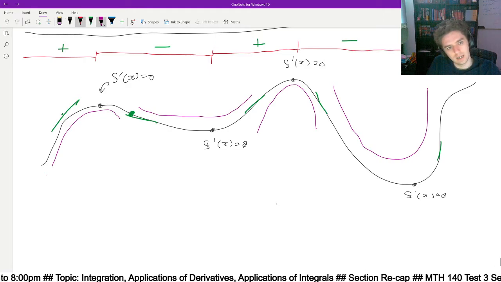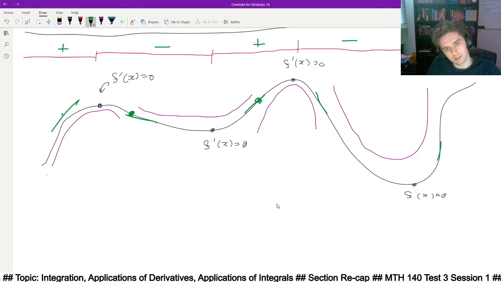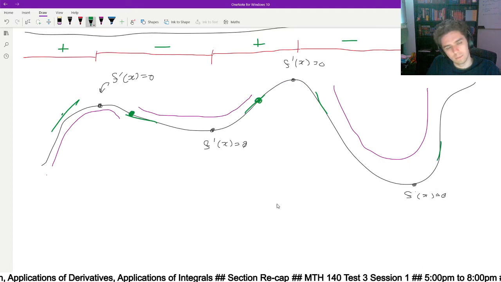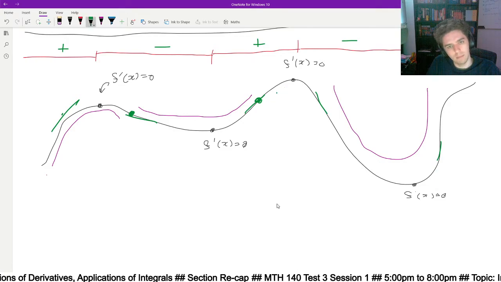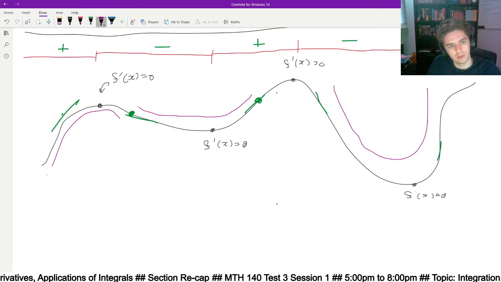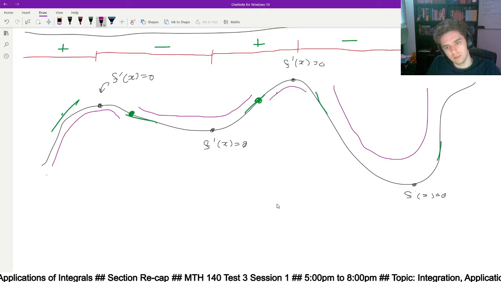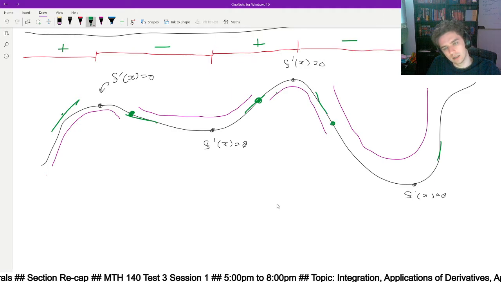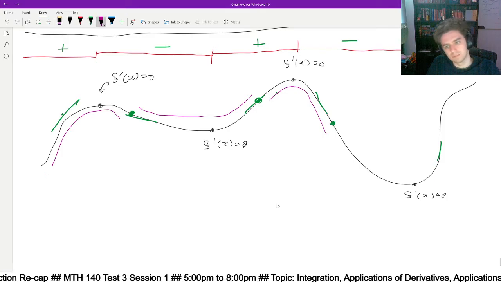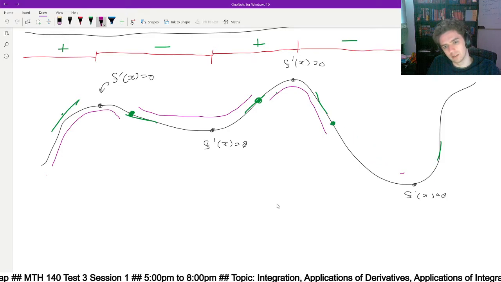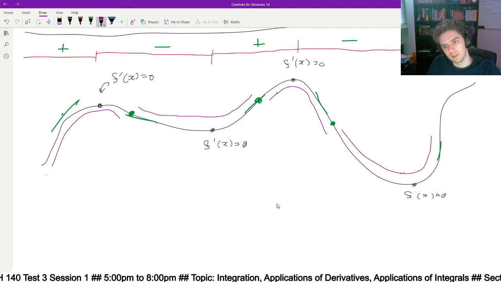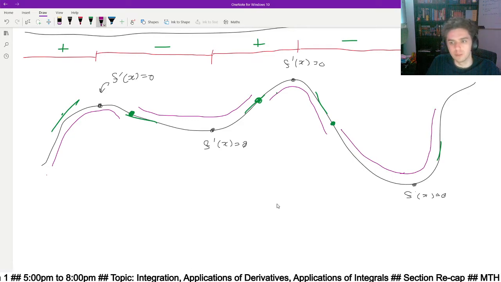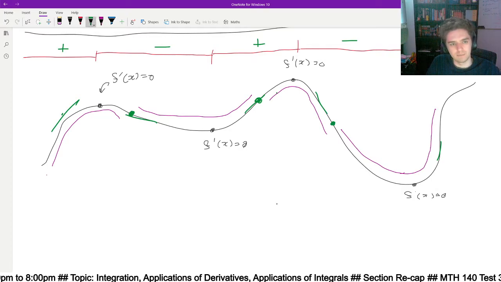Here is another inflection point where it goes from concave up to concave down. And right about here is another point where it goes from concave down to concave up. And then we don't know what happens after that. Let's assume there are no more inflection points after that.